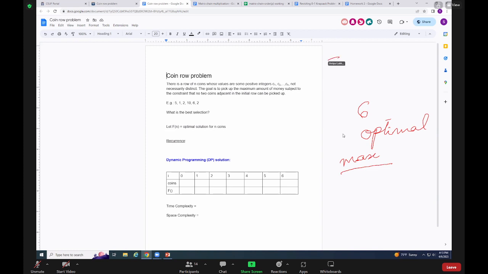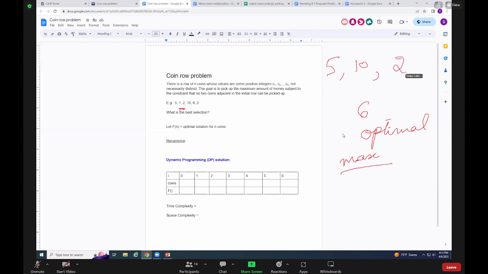So if you pick up 5, you cannot pick up 1, but then you can pick up 2, or if you did not pick up 2, I mean, it doesn't have to be alternate. You can directly pick up 10 after that, as long as the next coin you pick up is not adjacent to the one you just picked up. So if you pick up 10 after 5, then you are not allowed to pick up 6.